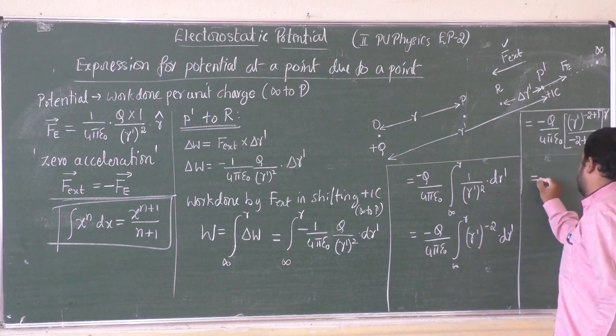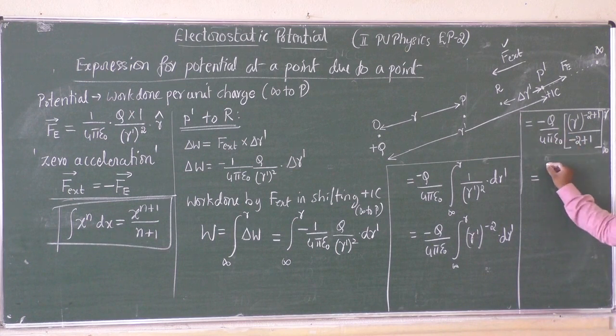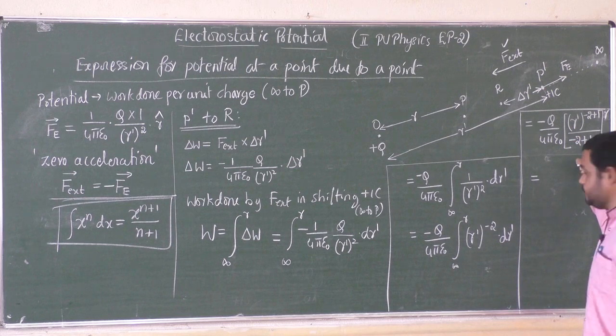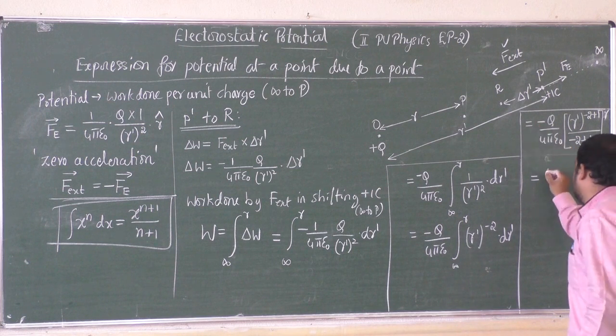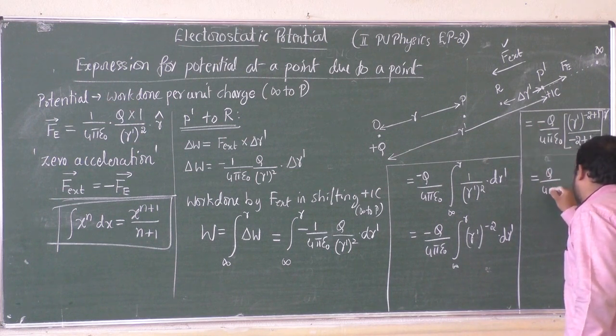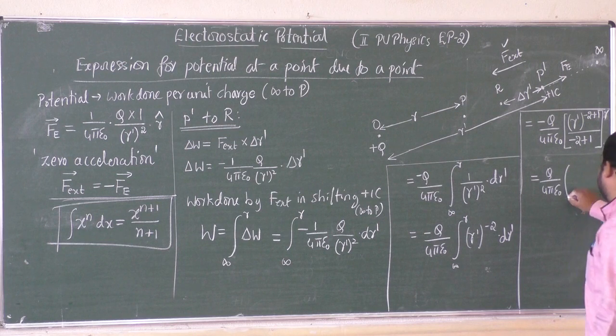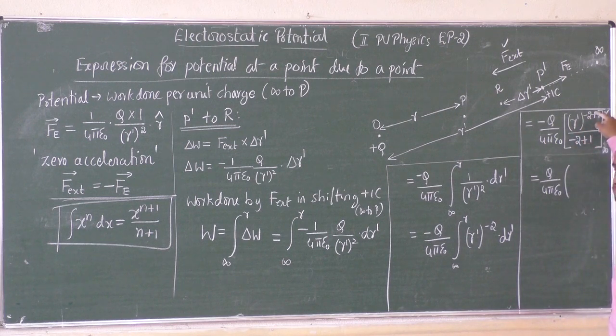Minus 2 plus 1 is minus 1, so this minus cancels with this minus. So q divided by 4 pi epsilon naught into r dash to the power minus 1, which can be written as 1 by r dash, with limits infinity to r.